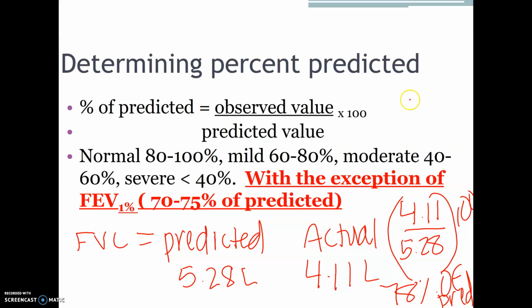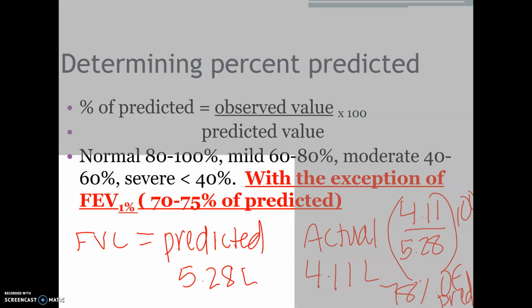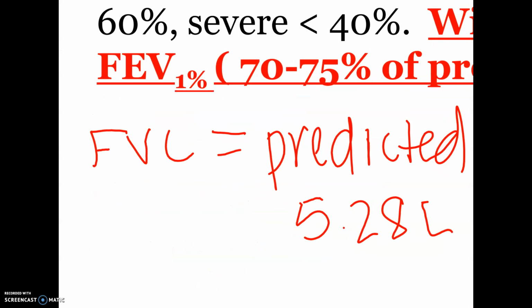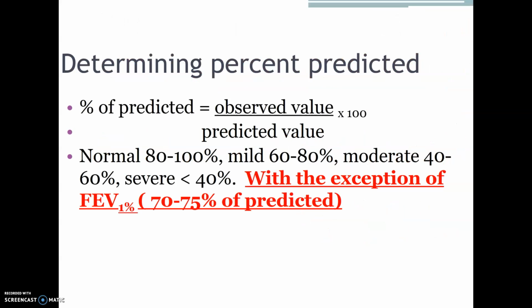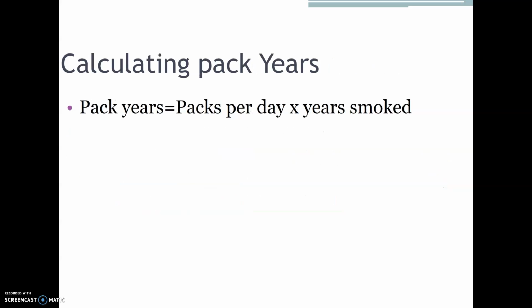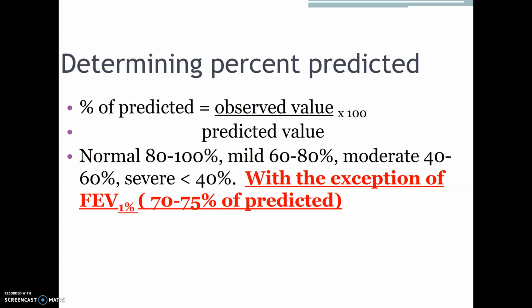All right, so we're going to do another one of these, calculating percent of predicted. Let's say we've talked a little bit about FEV1. Now you want to make sure that you're keeping your FEV1 and FEV1% separate.